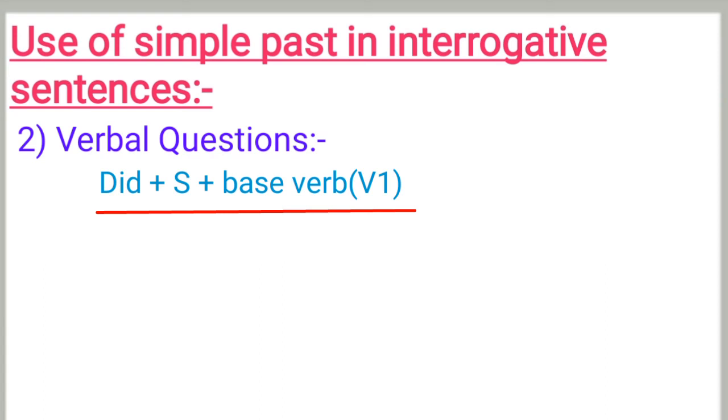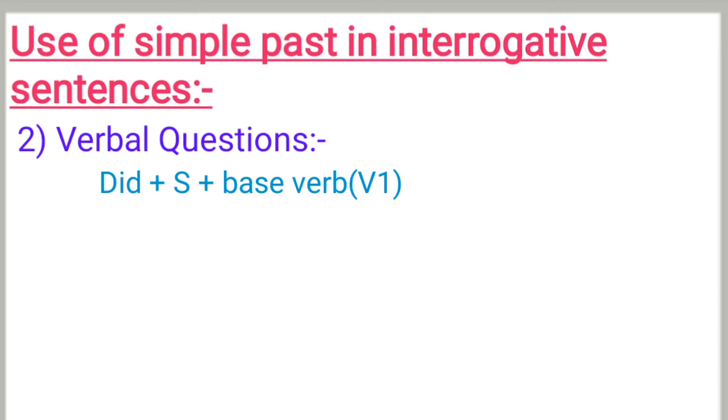So your question will start with did, then you will use the subject, then the base verb which is verb first form, then it may have any remaining part of the question, and then finally a question mark at last. Verbal questions are also called yes no type questions because you can answer these questions by saying yes or no as well. Okay, let's make some verbal questions in simple past.